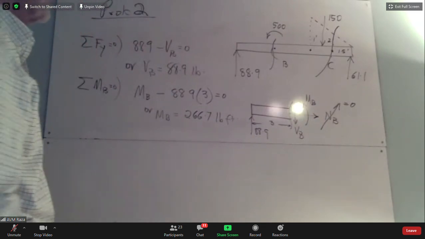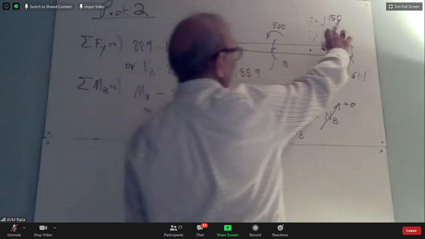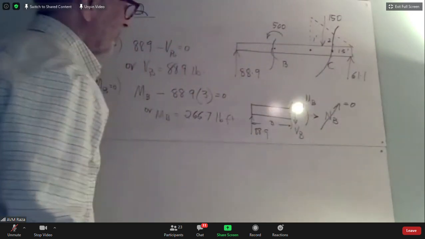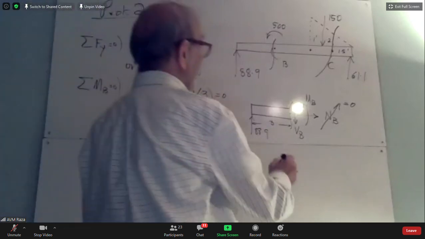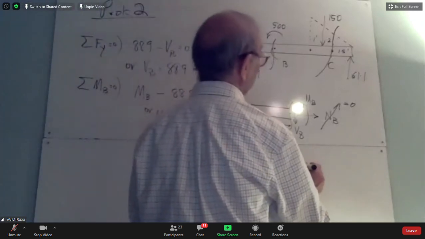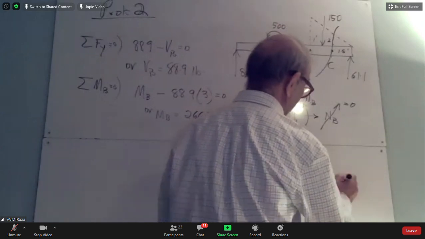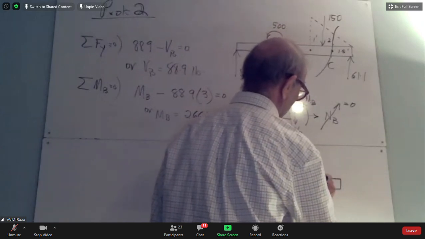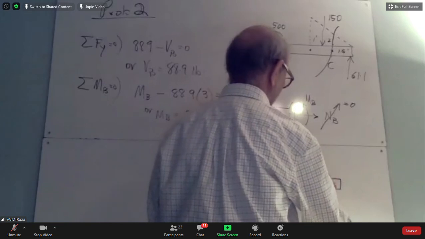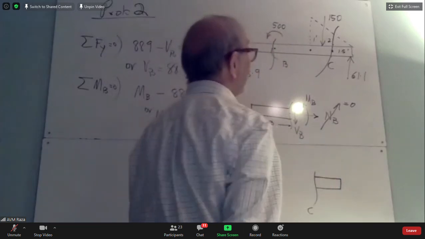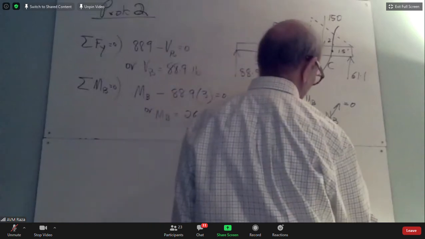Let's now take a cut section at C, and I'm going to use the right-hand side. So I will draw the free body diagram of the right-hand side, which will look something like this. So I got a very small thing there. Took a cut section there. This is point C. So I got 61.1 there.